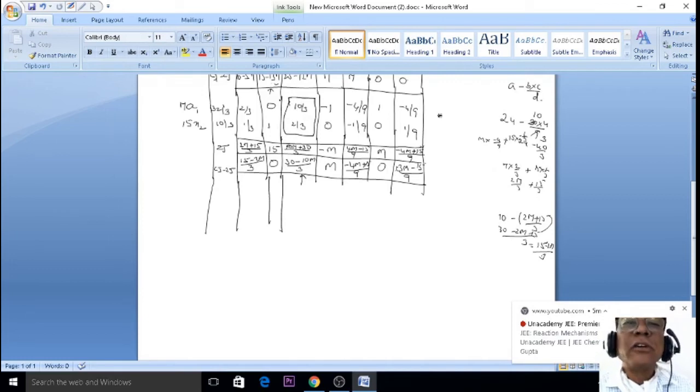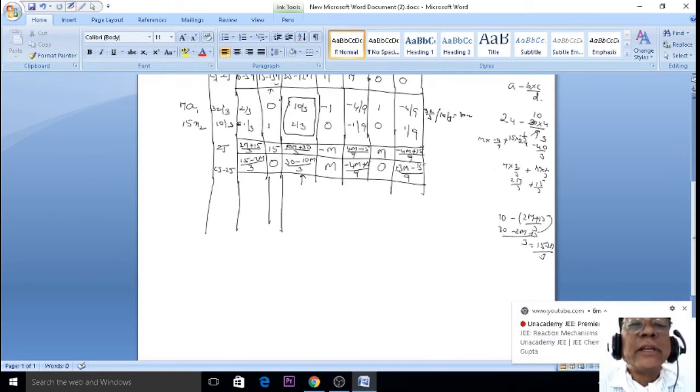How to calculate the key row values? Solution value by Kc: 32 divided by 3, divided by 10 by 3. Understand? So 3 cancels, 32 by 10 means 3.2 something.